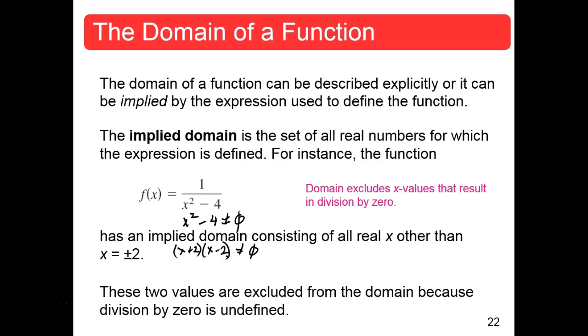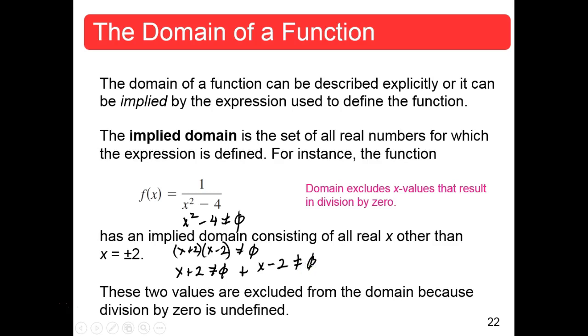Correct factorization. And if that can't equal 0, that means that x plus 2 cannot equal 0, and it's not an or now, it's an and, x minus 2 cannot equal 0.